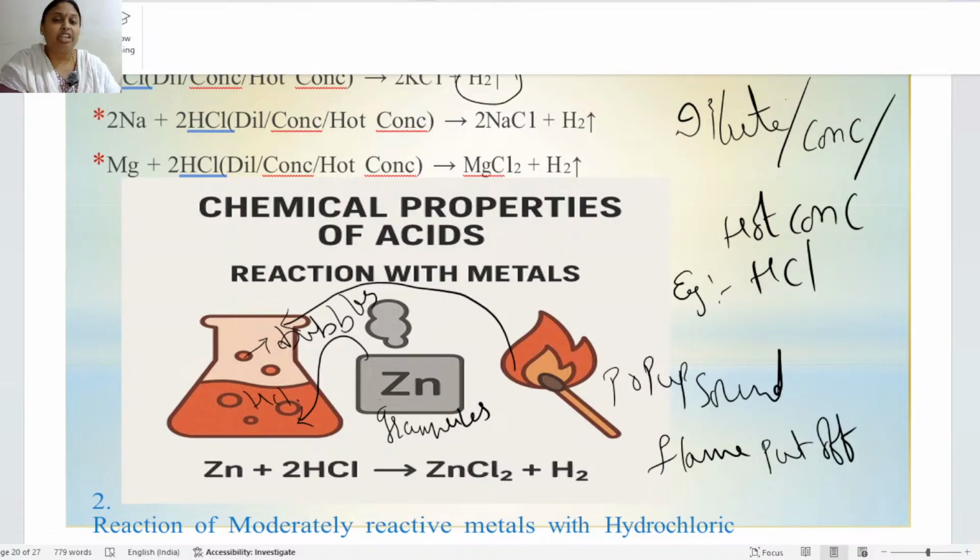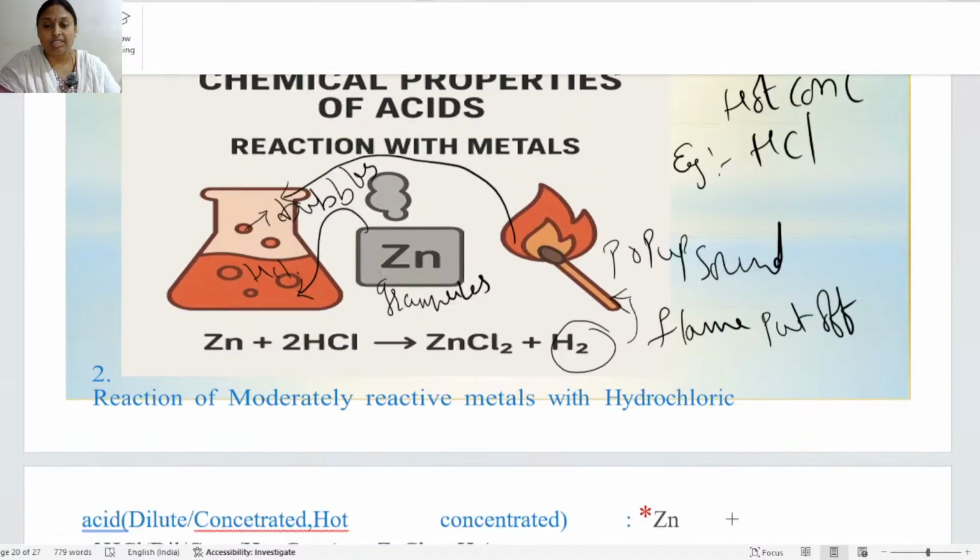So from that, we can conclude that when metals react with acids, hydrogen gas is released. The hydrogen gas is tested using the burning matchstick, and it gives a pop sound along with the flame going out. In that way, we can conclude that metals react with HCl and release hydrogen gas.